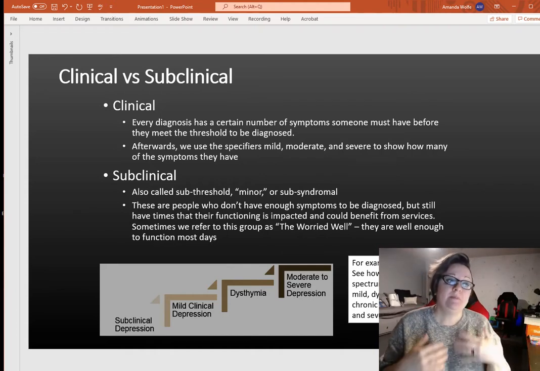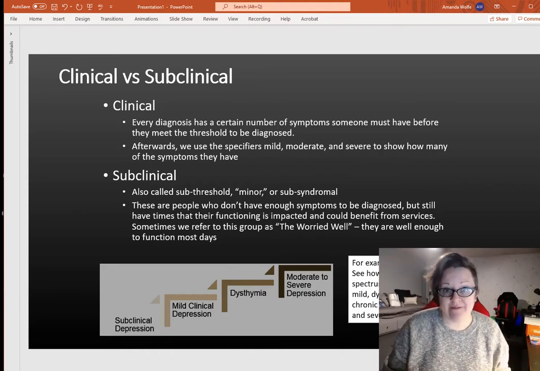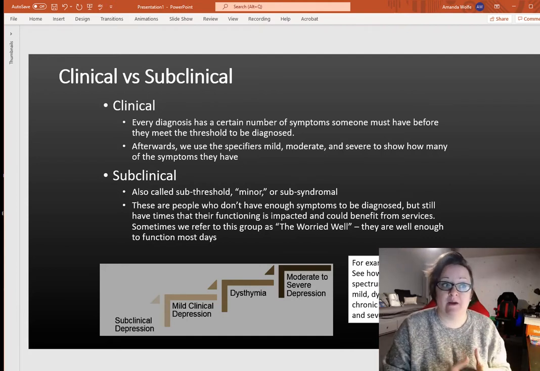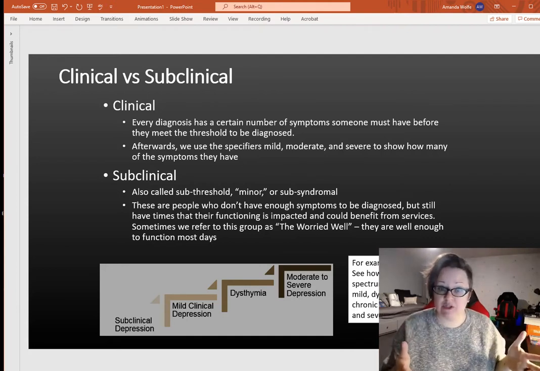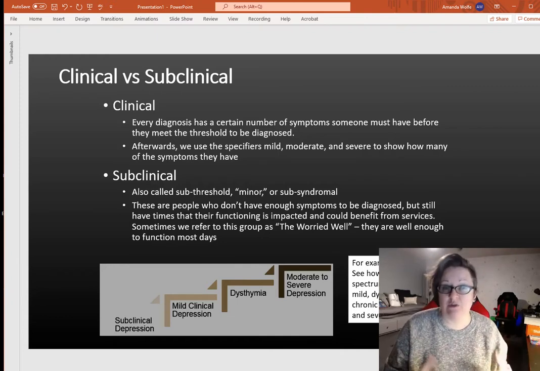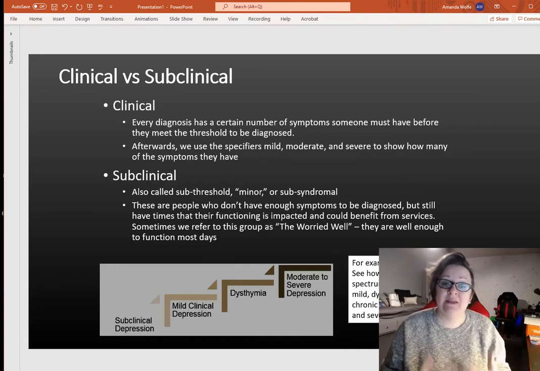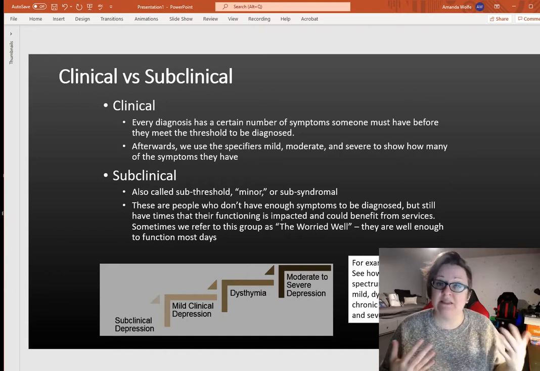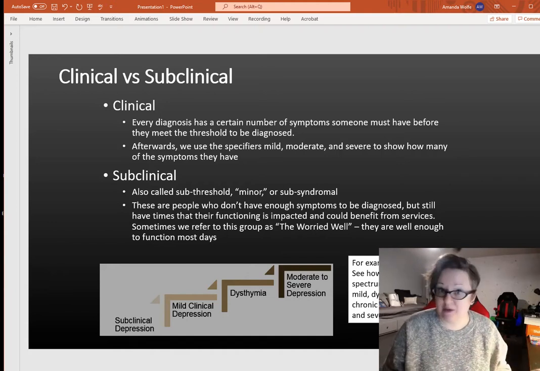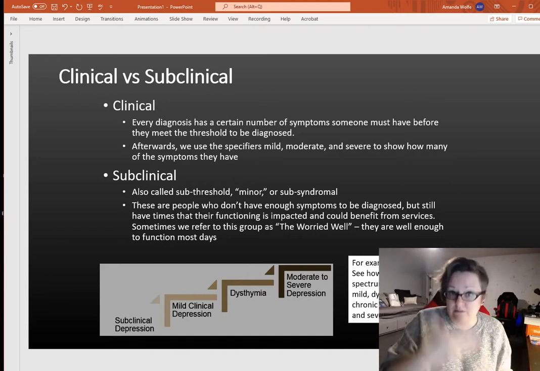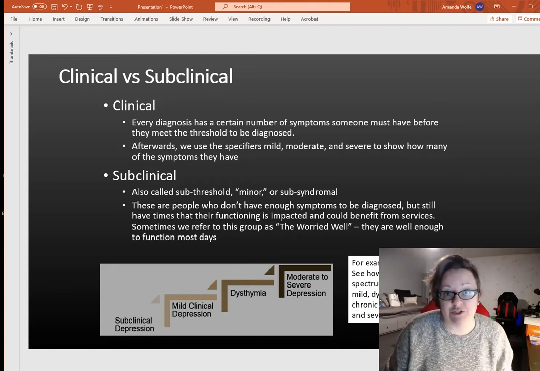If you indeed have that minimum number, that is when we start talking about having a clinical situation or a diagnosable condition. It means that you've met the minimum threshold to say that you actually have this condition.